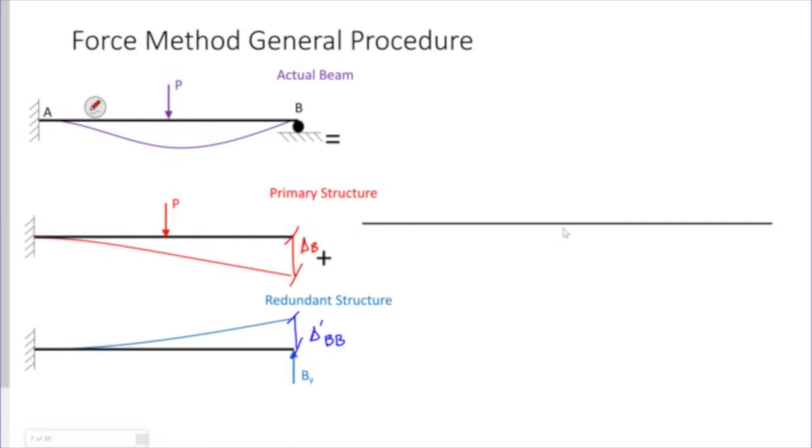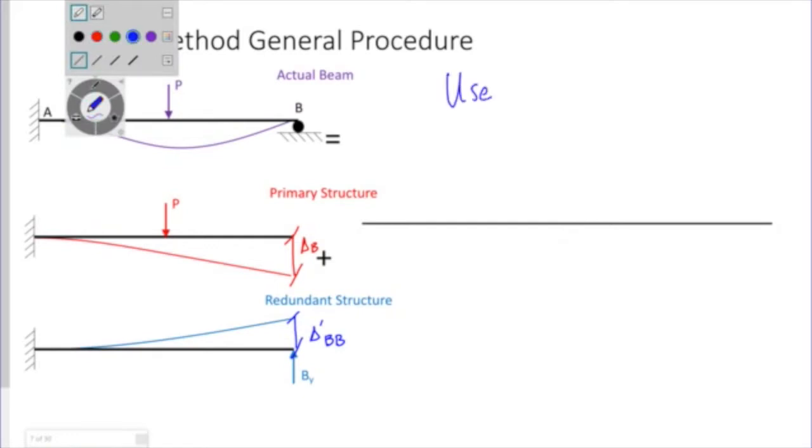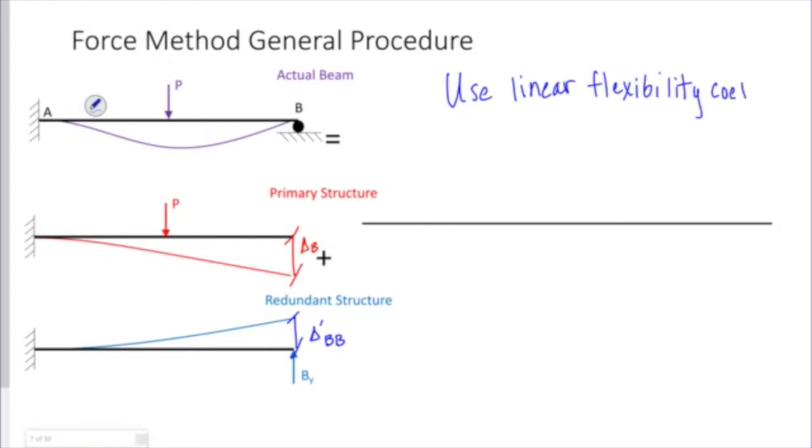So we're going to use something called the linear flexibility coefficient to find delta prime BB and then ultimately BY.